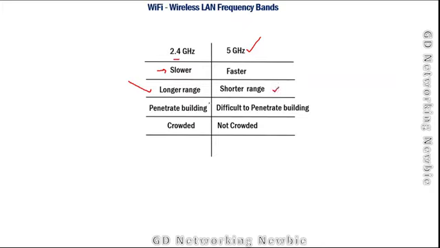They can also penetrate differently: 2.4 gigahertz signals can penetrate buildings, but for signals operating in 5 gigahertz, it is difficult to penetrate any building. And 2.4 gigahertz is crowded, meaning other wireless standards are using the same frequency band, but the 5 gigahertz band is not that much crowded.